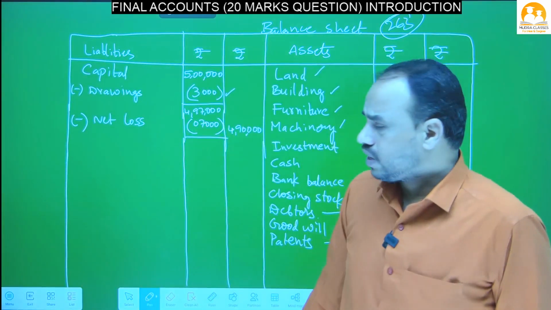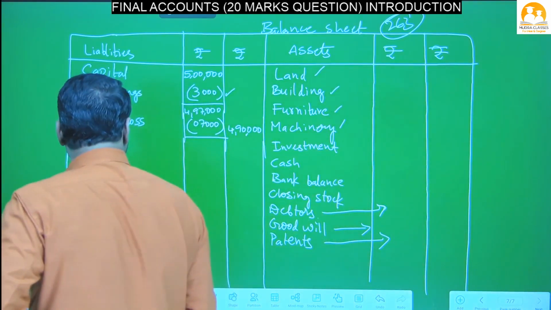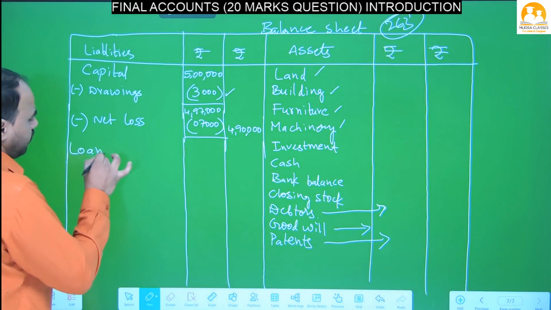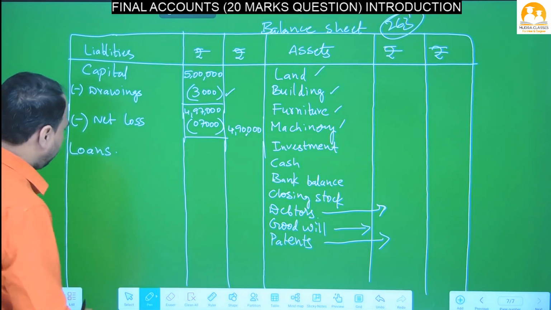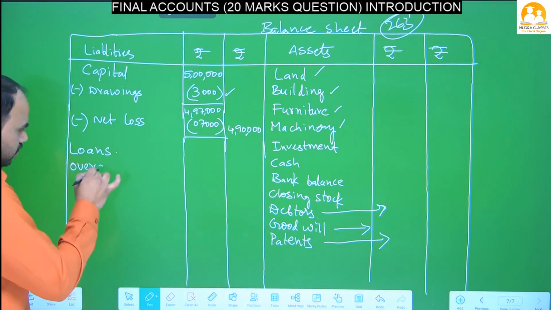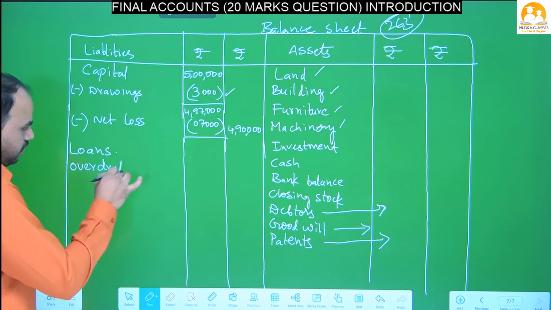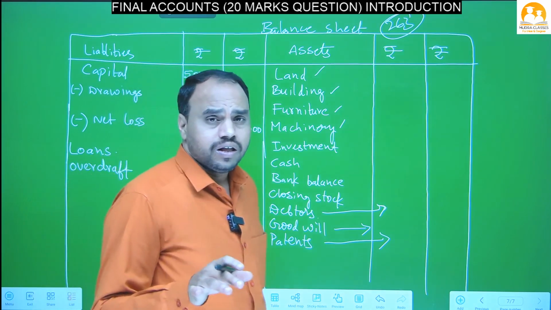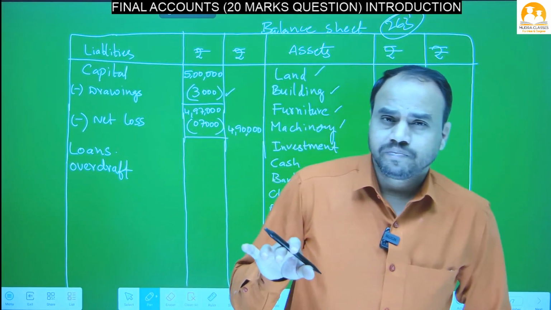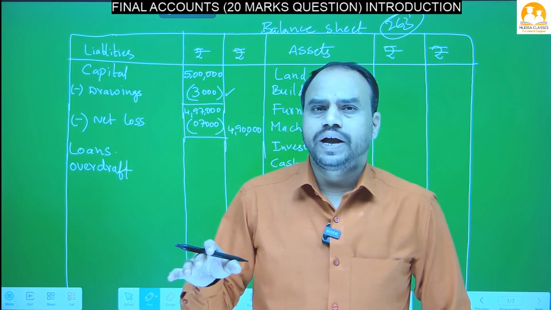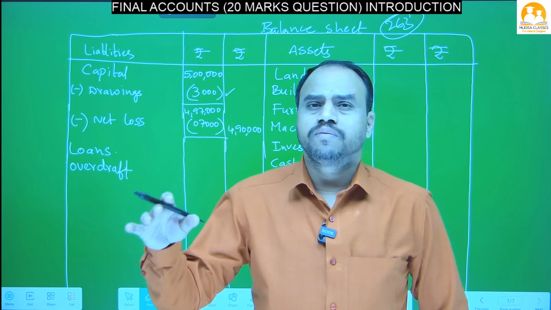Okay, still what items will come here? If you have taken any loans from the bank, those loans we will write. And if you have taken any overdraft from the bank, in the previous video I told you, overdraft means the amount you can withdraw from the bank more than the balance you have.